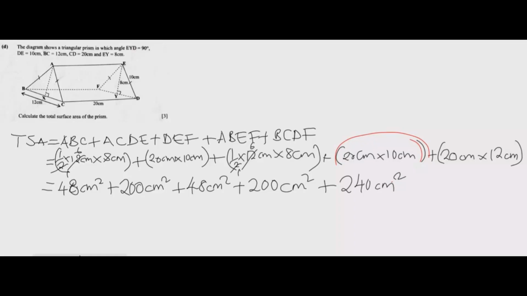Now what we need to do is add these. When we look at this, it will give us this, and this, and when we add them, they will give us 96 centimeter.